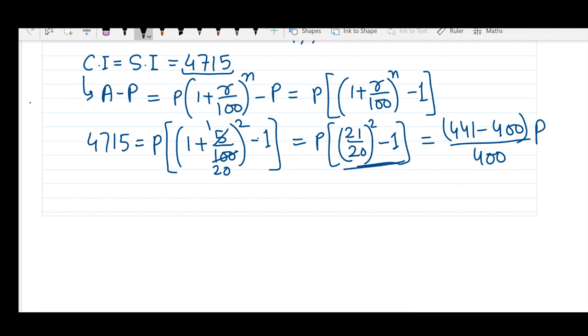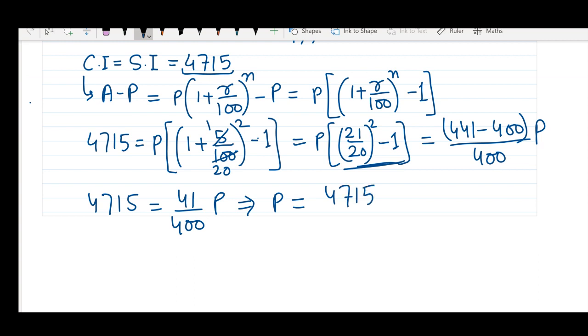So now we got 4715 is equal to 41 over 400 P. This implies P is equal to 4715 into 400 upon 41.